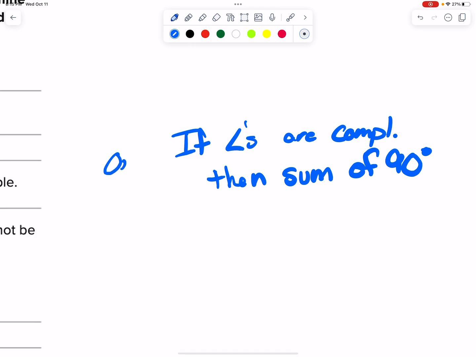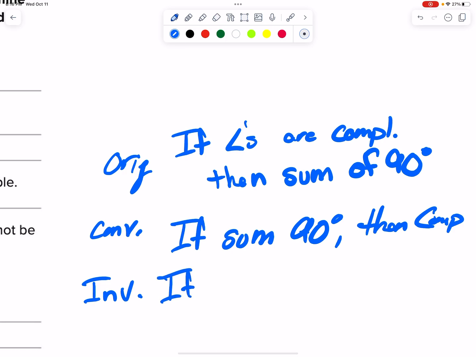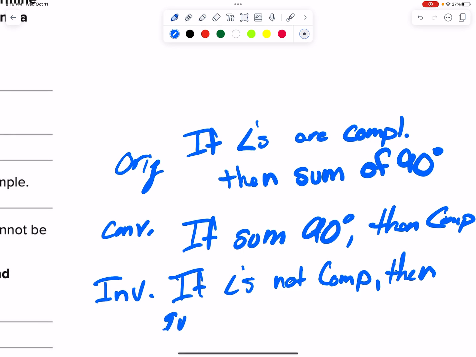So here's the original. The converse is: if sum 90, then comp. And then the inverse of that statement would be: if angles not comp, then sum not 90.